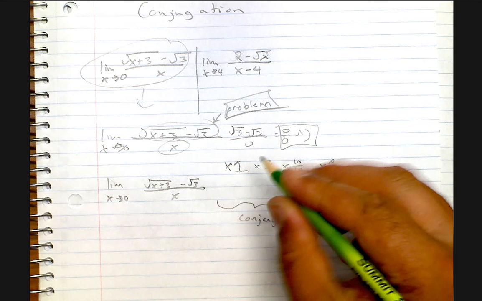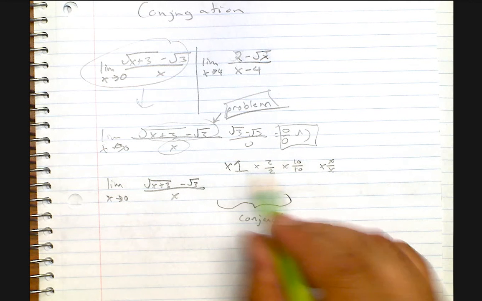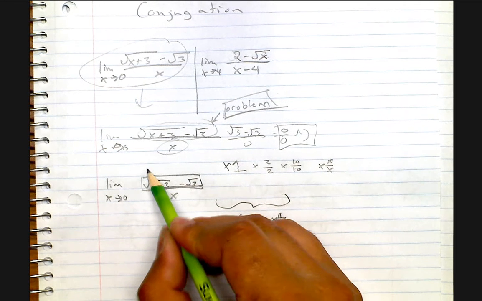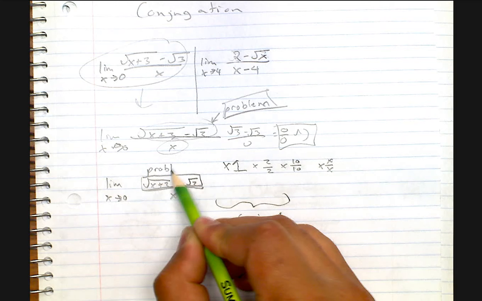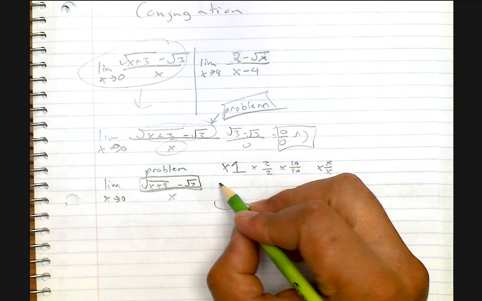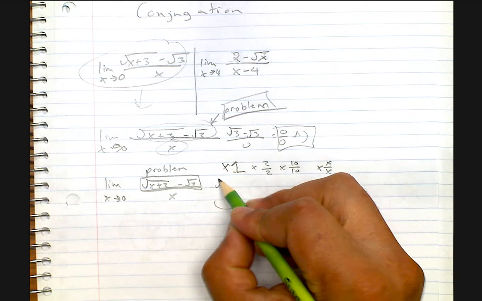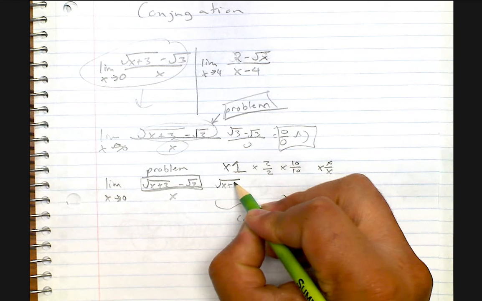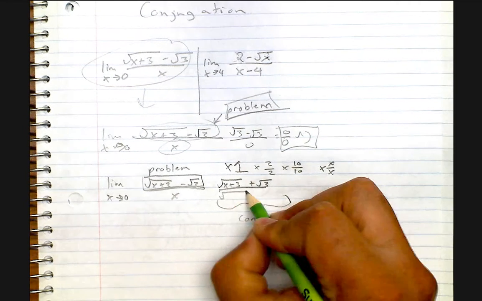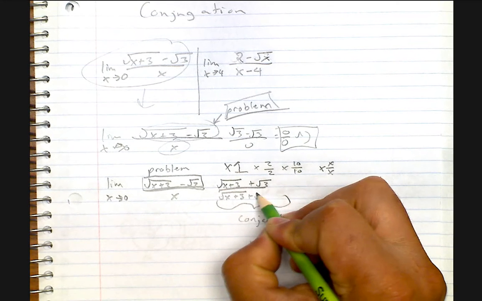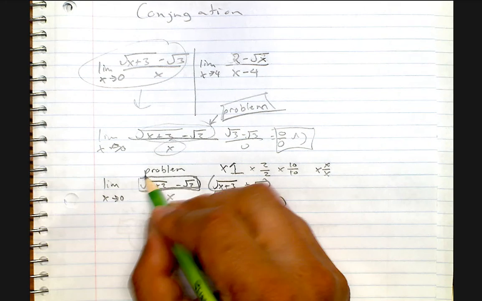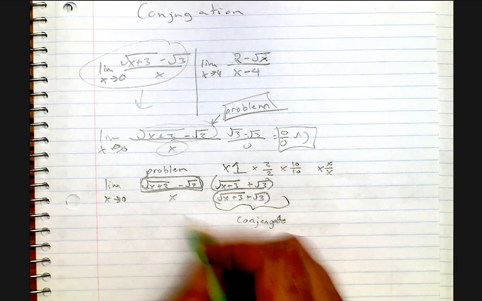All the conjugate is this: the problem term, there's the problem. You keep the problem exactly the same, except you flip the problem sign. So there's your binomial, there's the conjugate.